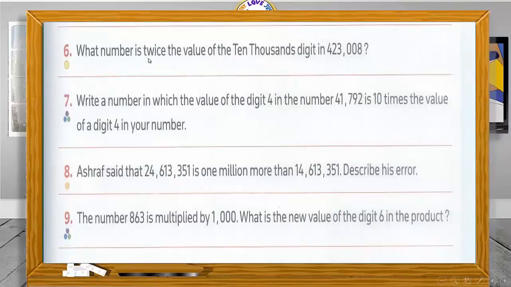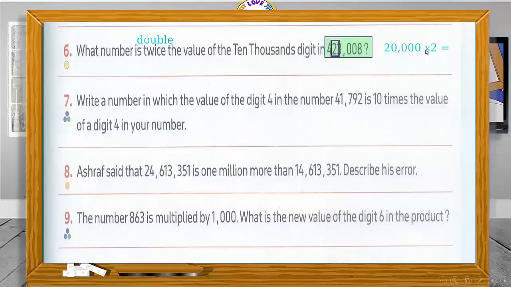What number is twice? Twice means double, or times 2. The value of the 10,000 digit in this number. Do you see? 10,000th. Where is the 10,000th place? We have 2 in the 10,000th place. It means the value of 2 here equals what? 20,000.